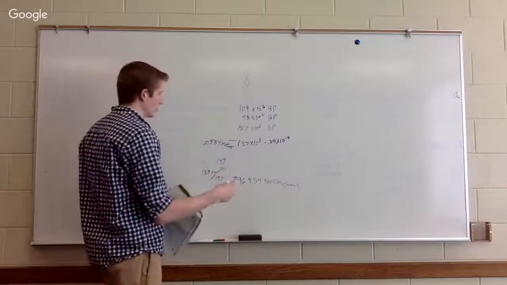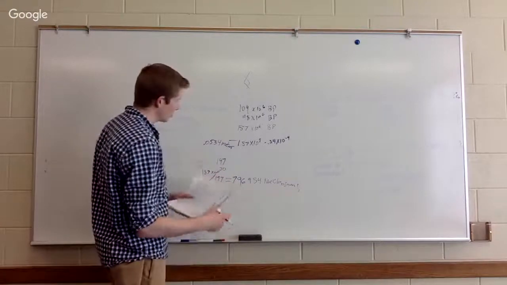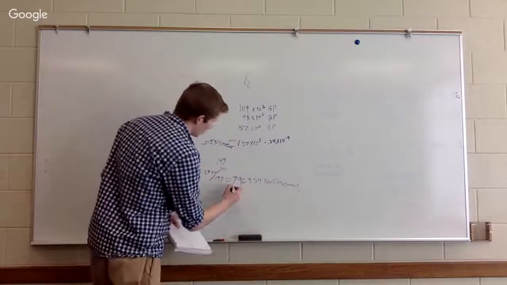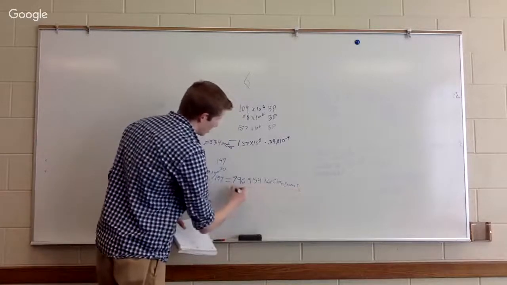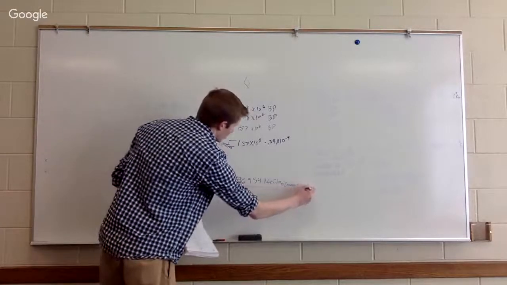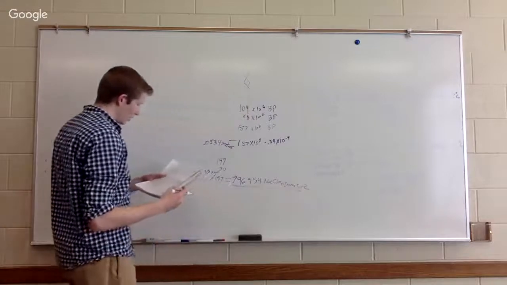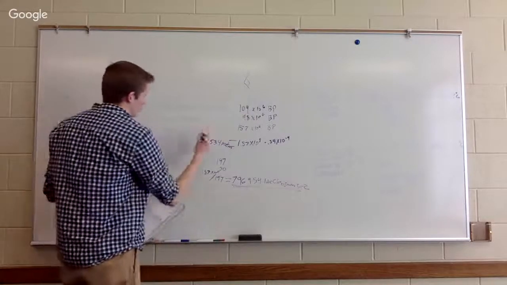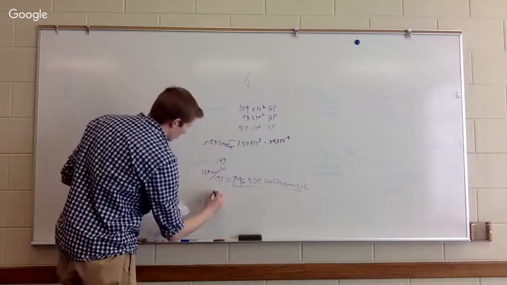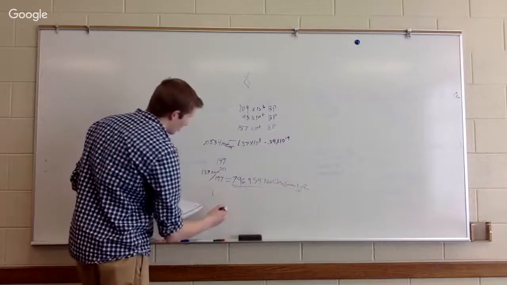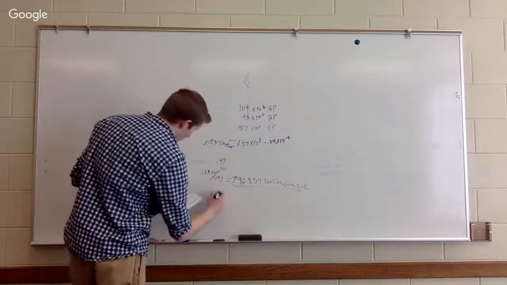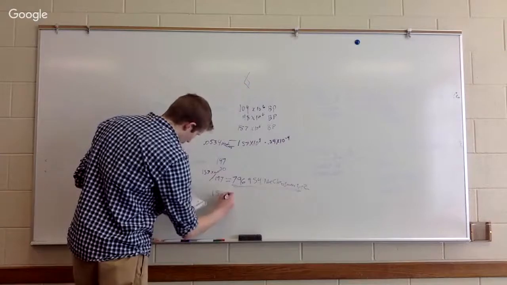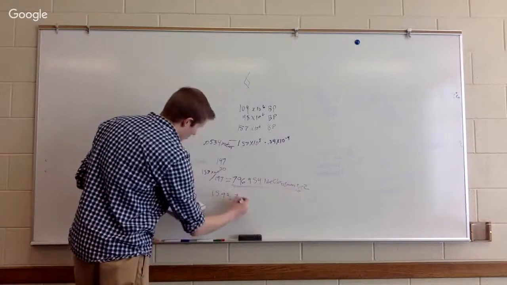So there's 2 of those histones in each packaging, and all you have to do is take this and times it by 2. And so we get 1,593,908.